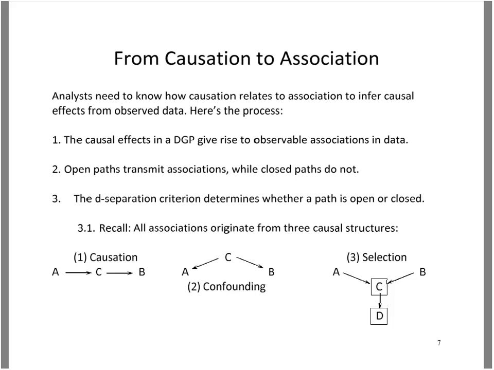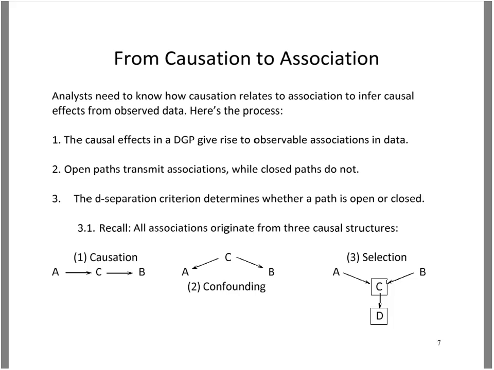And the answer to that question is given to us by the D-separation criterion, which we introduced last time, and which determines whether a path is open or closed. Now, the D-separation criterion itself can be kind of unwieldy, but particularly if you're new to using DAGs, it's important to remember that it is just a fancy way of putting together three basic rules of association.